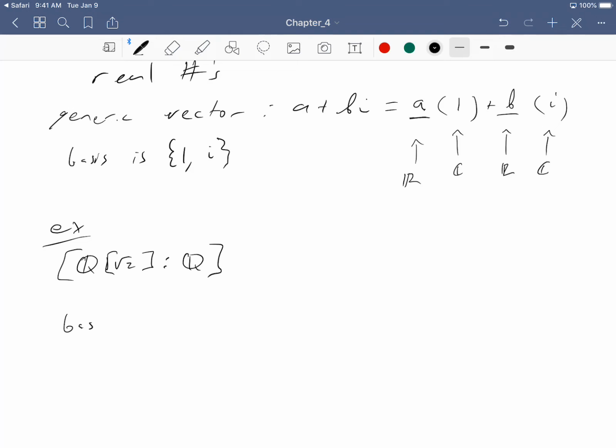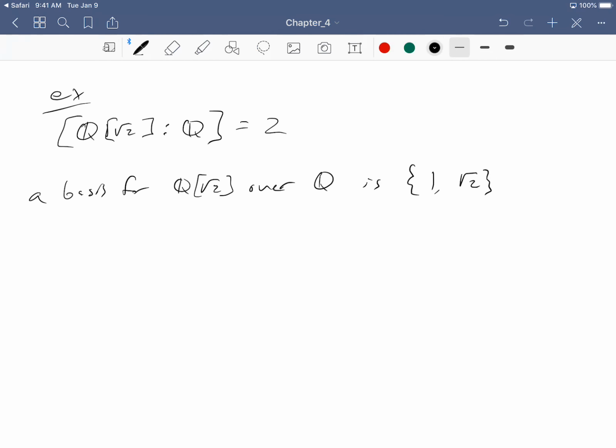And remember the basis for Q(root 2) over Q. An easy basis for this was just 1 and root 2. We could write every element as a linear combination of 1 and root 2, and so the degree here is 2. This is a degree 2 field extension.